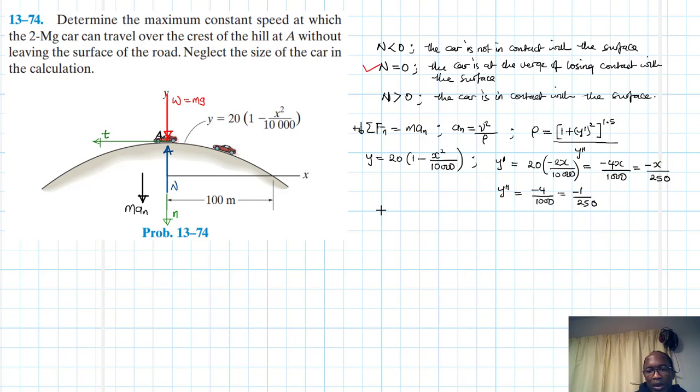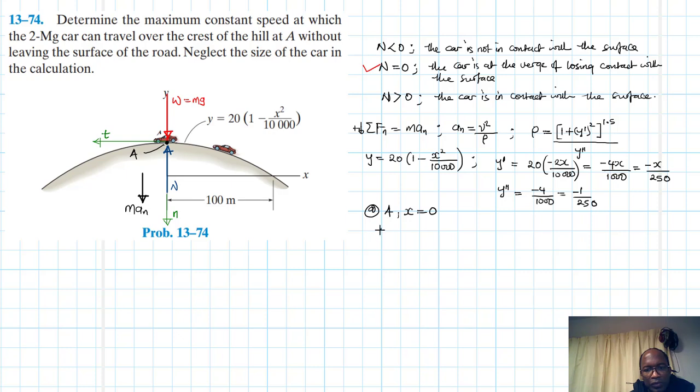All right, so of course this point here is our A. Now let's find the value of y prime at A. At A, this is our reference point, x is equal to 0.